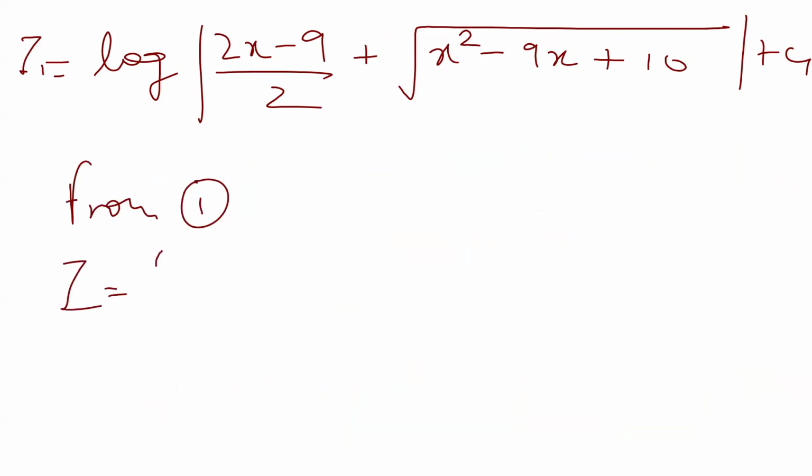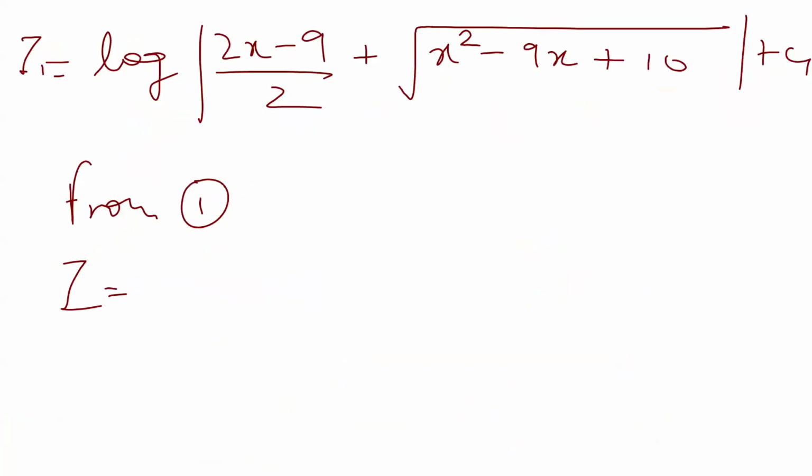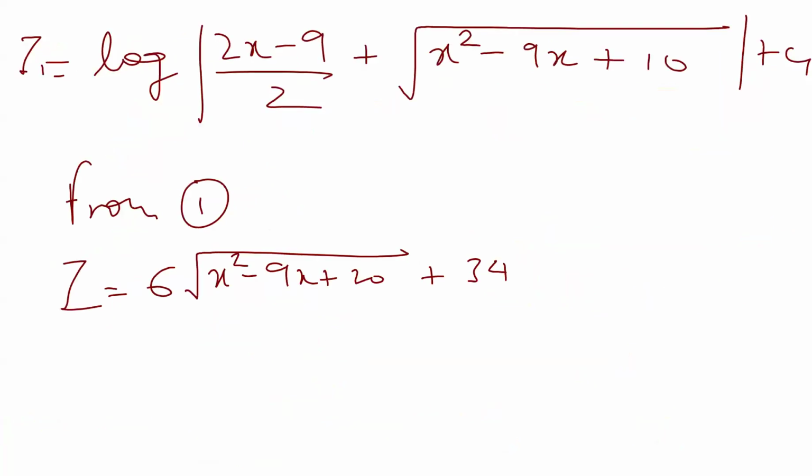So from one, let us go to equation number one, 6 root f of x. So f of x is nothing but x square minus 9x plus 20. So 6 root x square minus 9x plus 20 plus 34 I1. See, we had a 34 over here. Now what's I1?